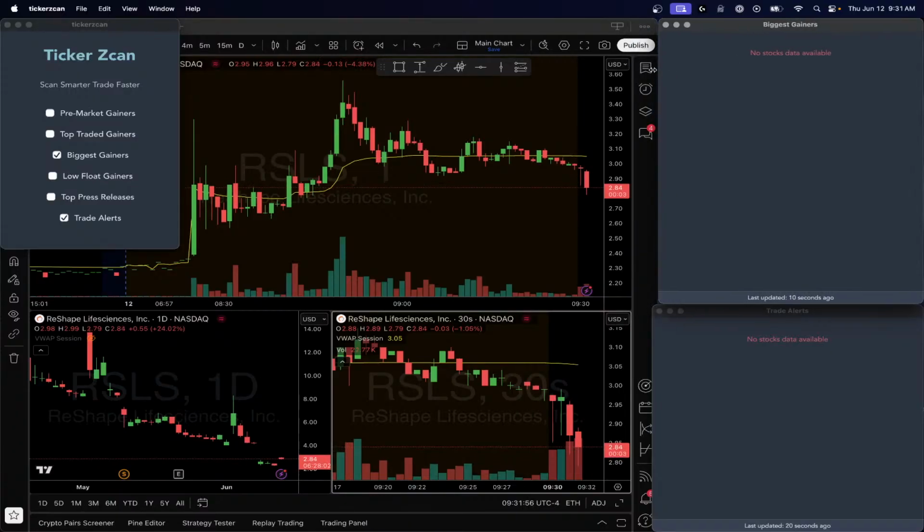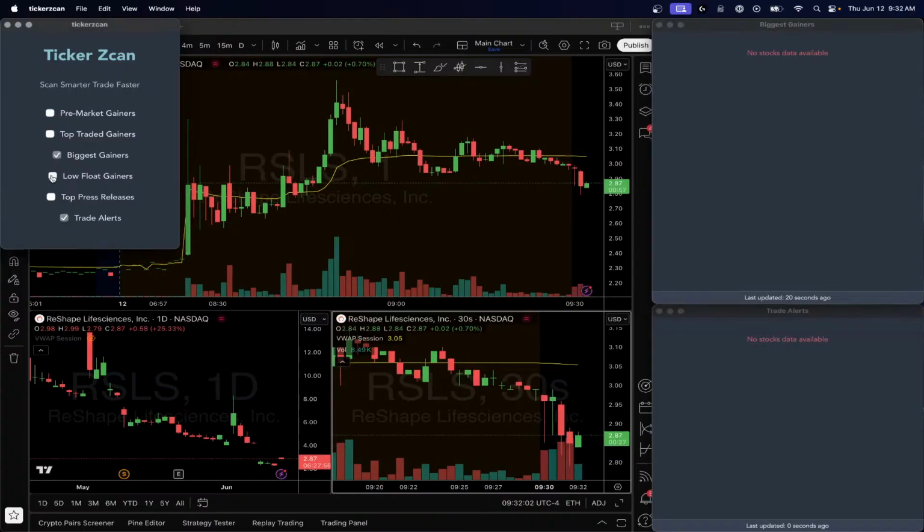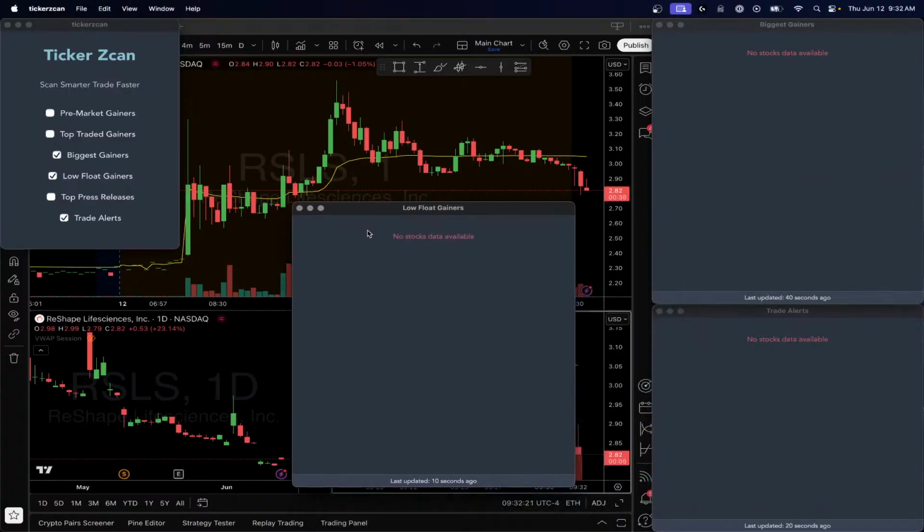Got biggest gainers, but it says no stock data. And the low float gainers, there's no stock data.